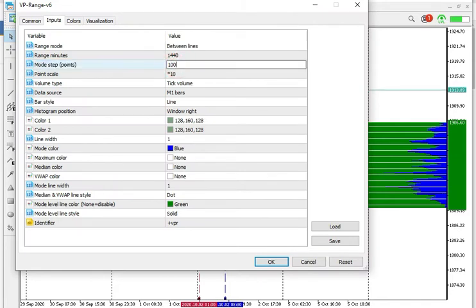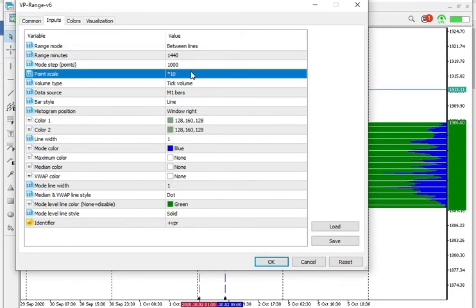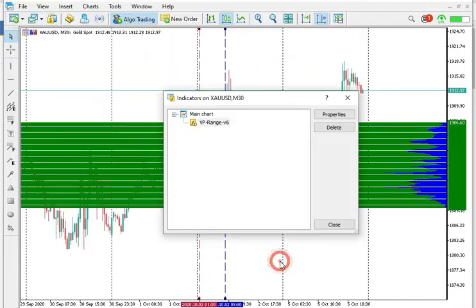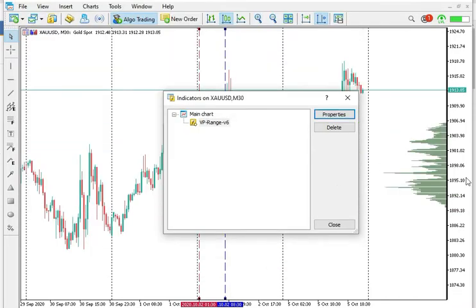These lines are basically support and resistance. Even though they represent the places with highest volumes, it's with respect to tick volume, not real volume, so we just use it for support and resistance.